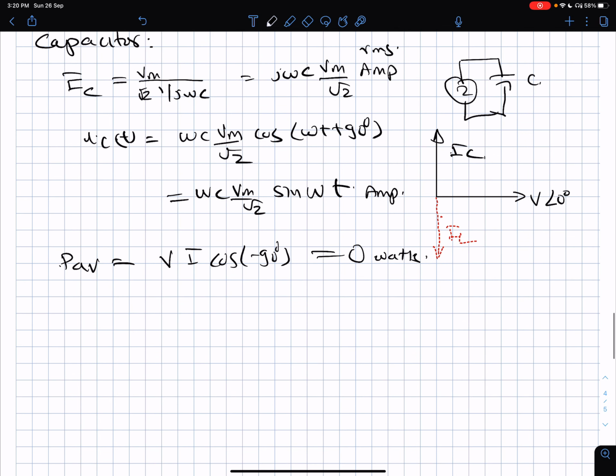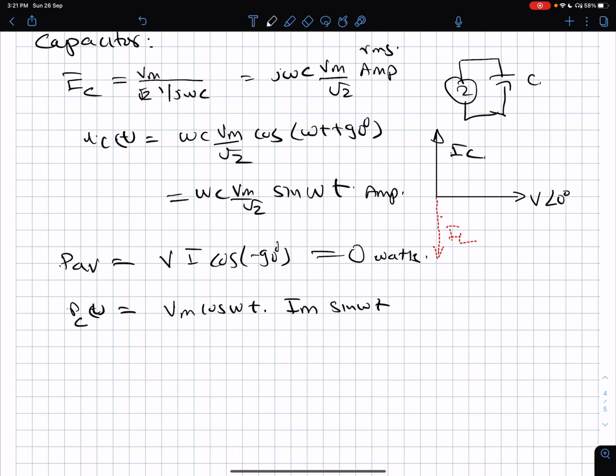However, if you look at the instantaneous power behavior, P of t now is going to be Vm cos of omega t into Im. What is the Im? Im is this value here. This is Im sine of omega t.